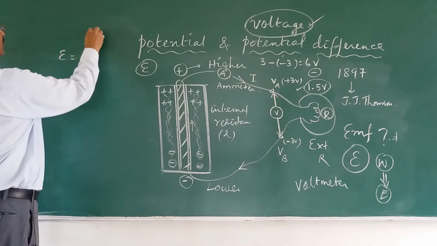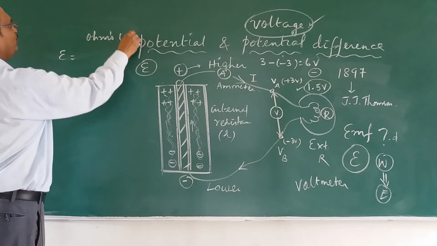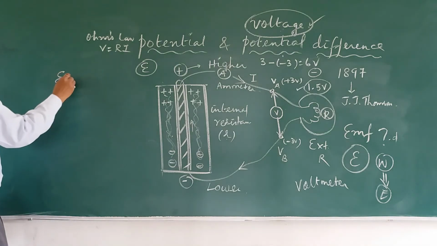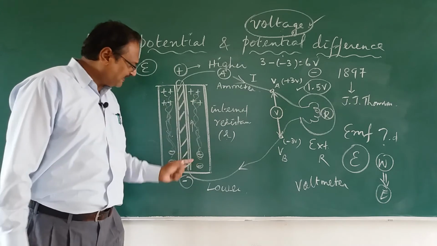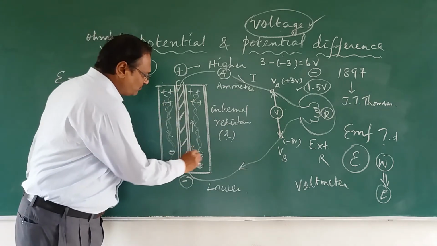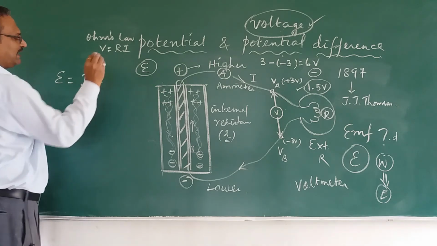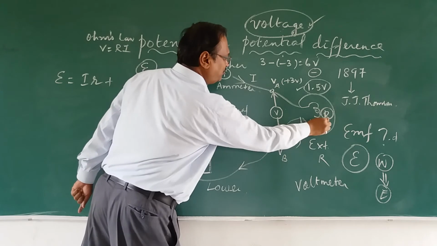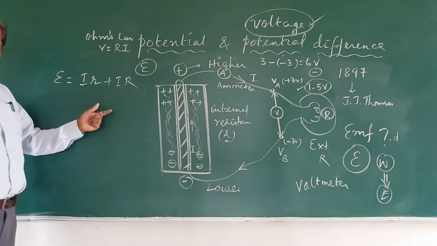According to Ohm's law, what does Ohm's law say? Ohm's law says that V is equal to R into I. Therefore, epsilon is equal to, step by step we will do. The same current is flowing through the internal resistance, so I into r, plus external also I into R. Add these two together, this is the total value.